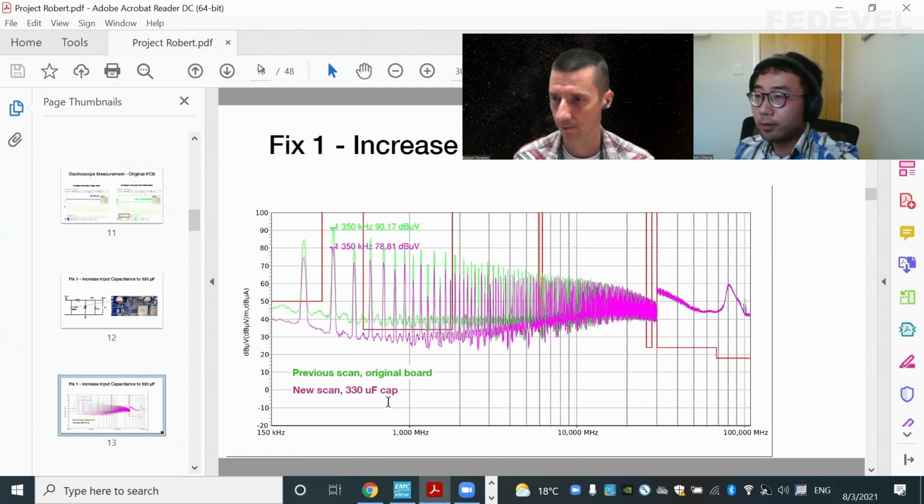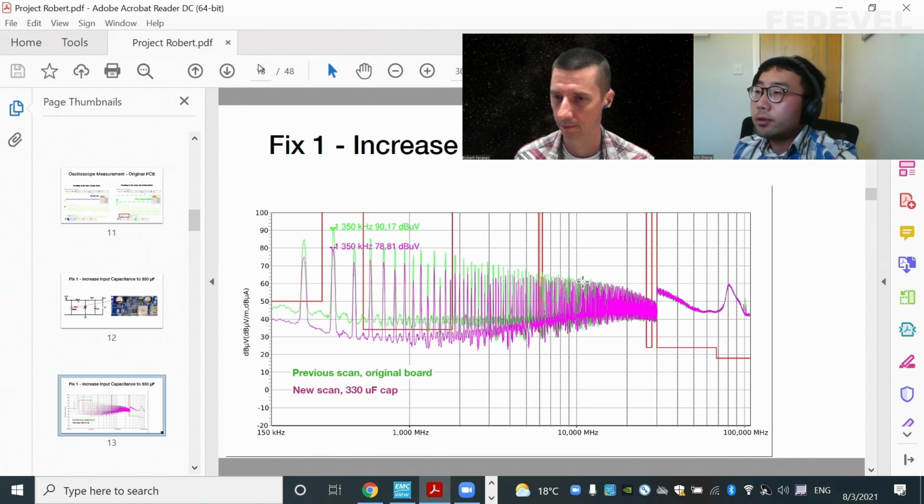And here's the result. The green trace is the previous scan, and the purple one is the one with the 330 microfarad capacitance. You can see a 10 dB reduction in the low frequency range, from 150 kilohertz up to about 10 megahertz.